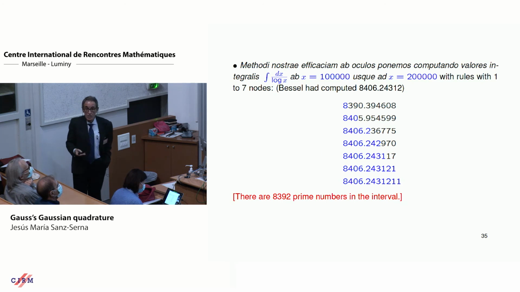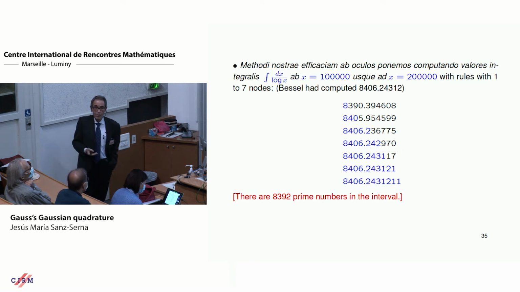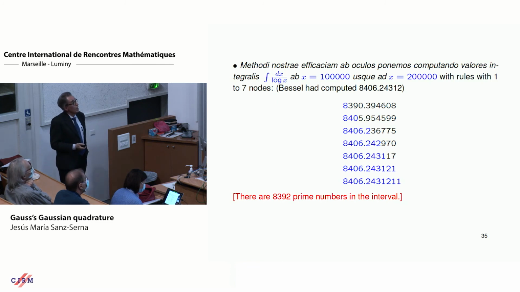And then, as any self-respecting numerical analyst would do today, he concludes his paper by applying his method and showing that it's better than those that were available in the literature at the time. So he is interested in this integral between 100,000 and 200,000.